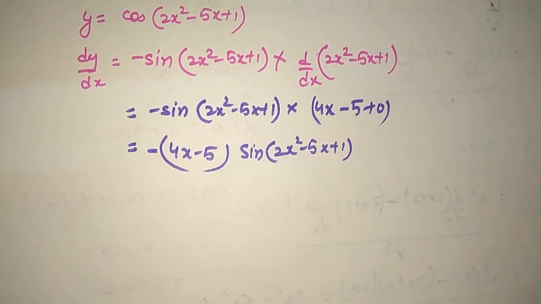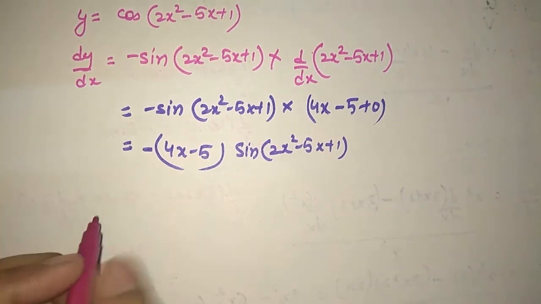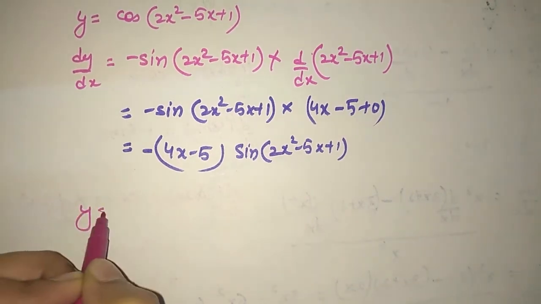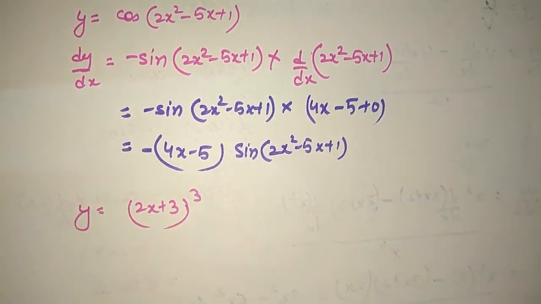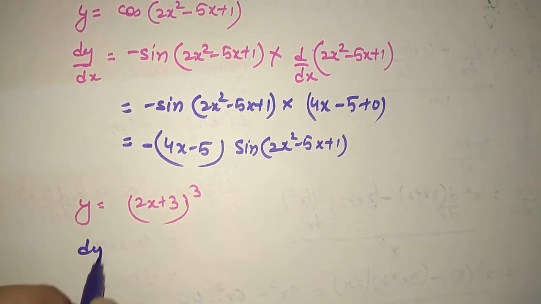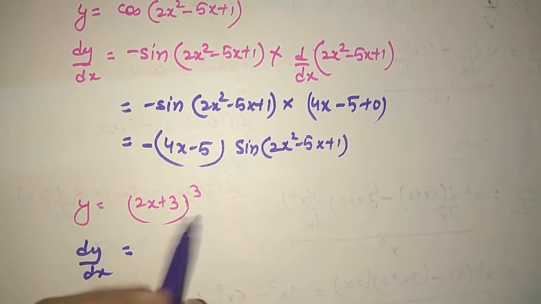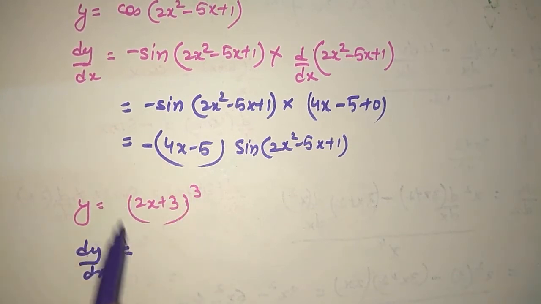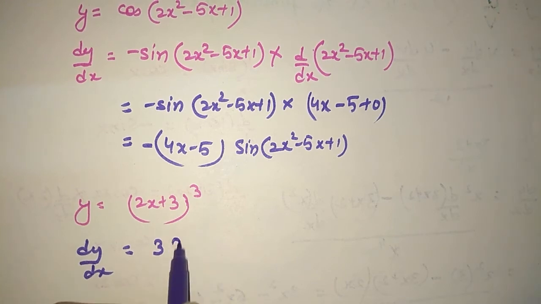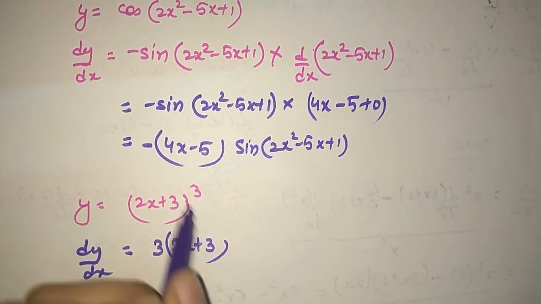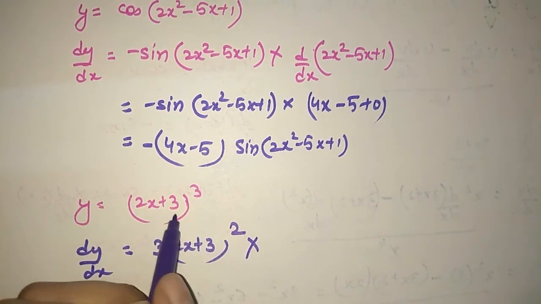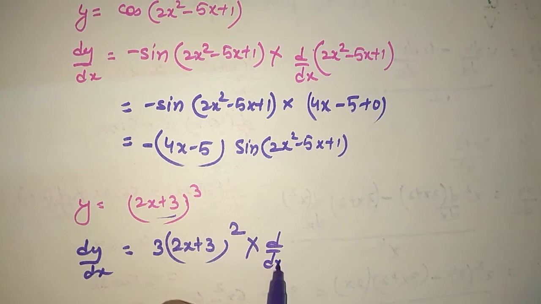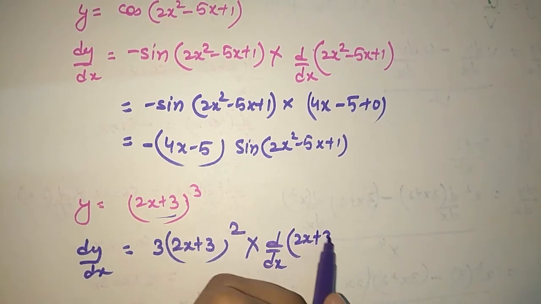Now here is the last example, that is if we have y is equals to 2x plus 3 whole cube, then how to find the derivative of this? For this again we have to just put the exponent in front, that is 3 into 2x plus 3, then reduce the exponent by 1, means 3 minus 1 is 2, and then the derivative of the bracket, that is d upon dx of 2x plus 3.